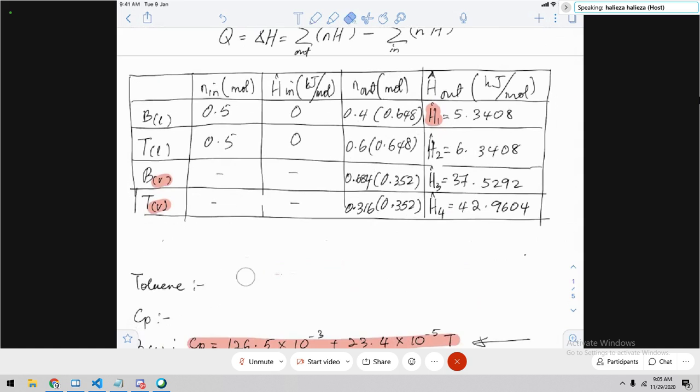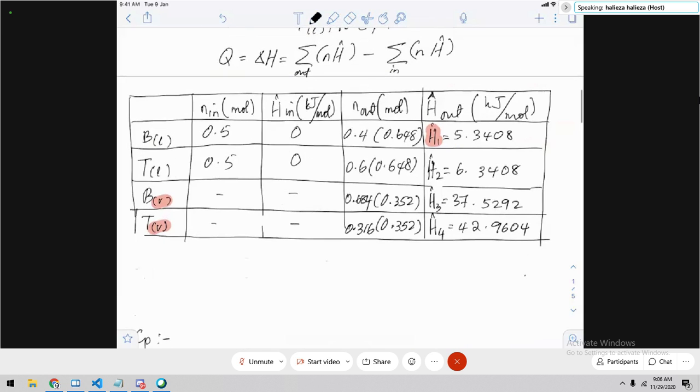Or else we'll be scrolling up and down, which is not going to help much in our understanding. So this is all the outlet, and this is the product of N times your enthalpy.